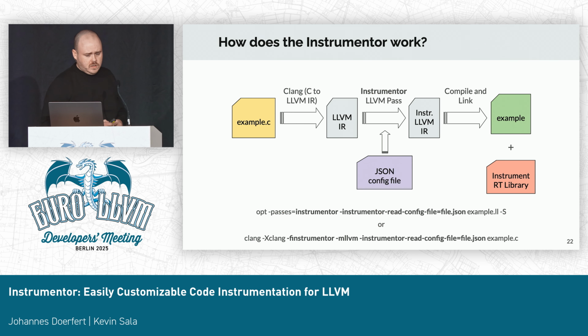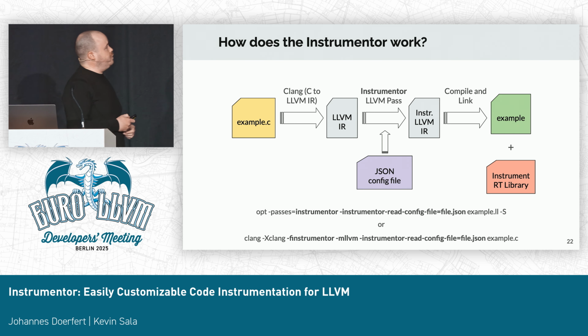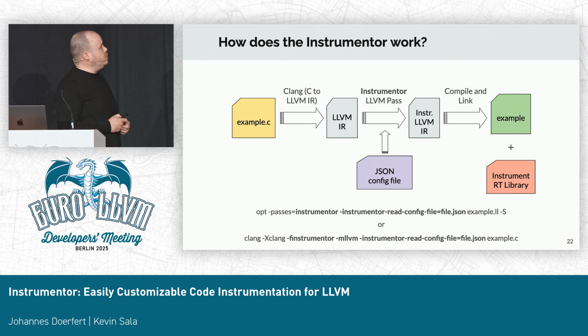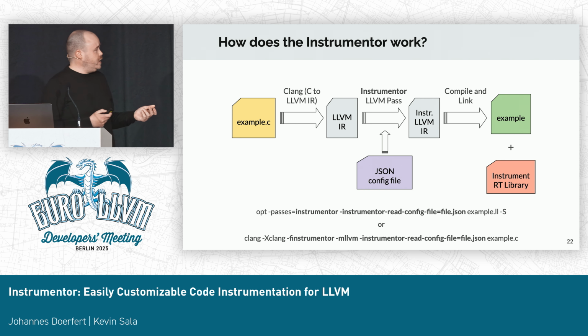And how does this work in the pipeline? You have your example in C or C++. You can convert it to LLVM IR using Clang. Then internally, the Instrumentor will execute if you have enabled it.